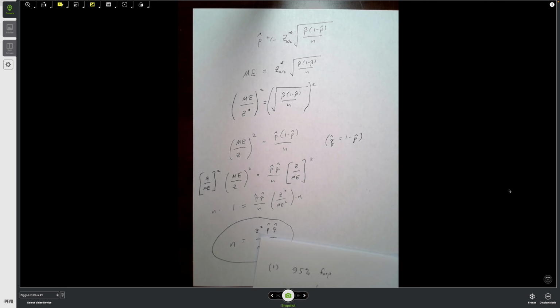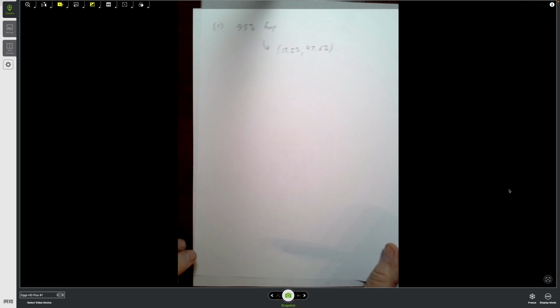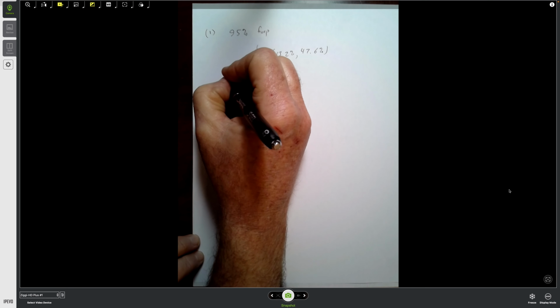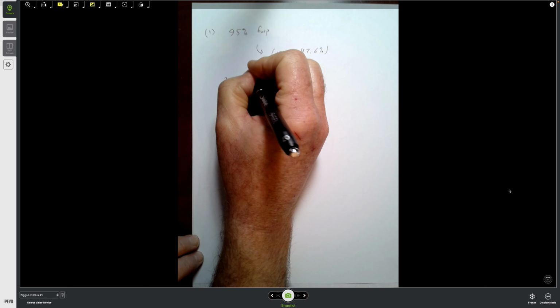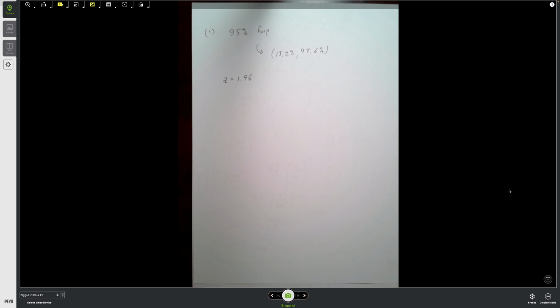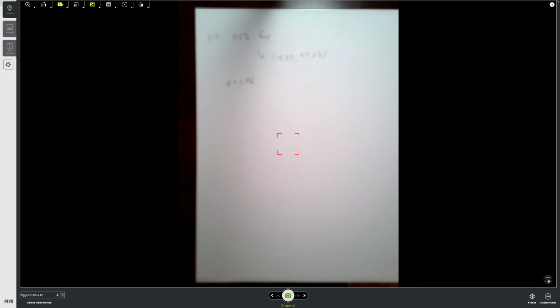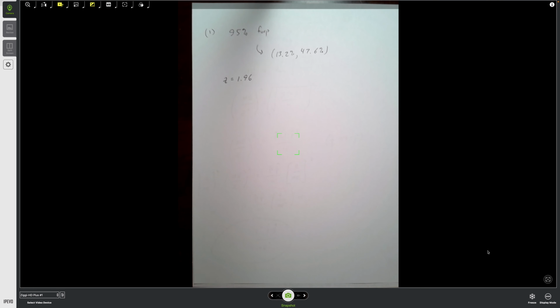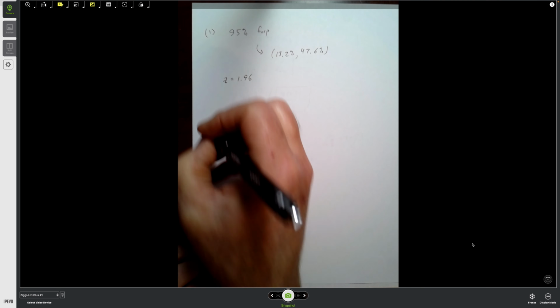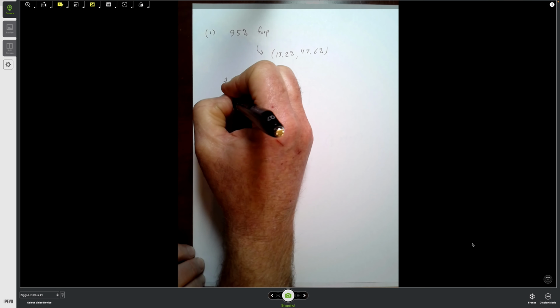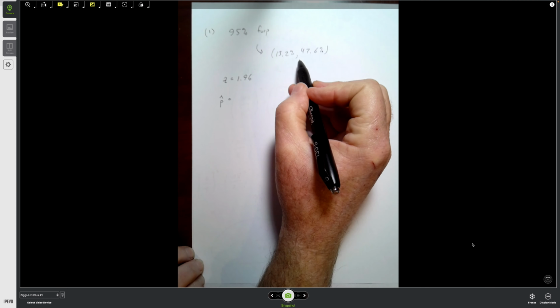Now, using this formula, what do I need to be able to find? Well, I need my z, I need my p hat, I need my q hat, I need my margin of error. So my z is obvious. From previous videos, we know that the z critical for a 95% confidence interval is 1.96. I need my p hat, which is the value in the center of my interval.